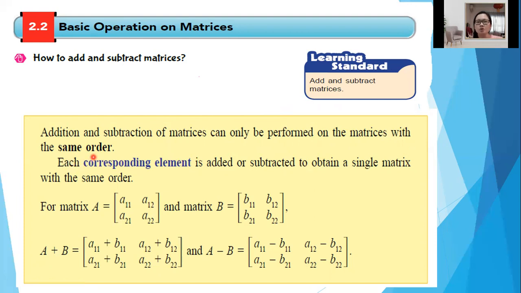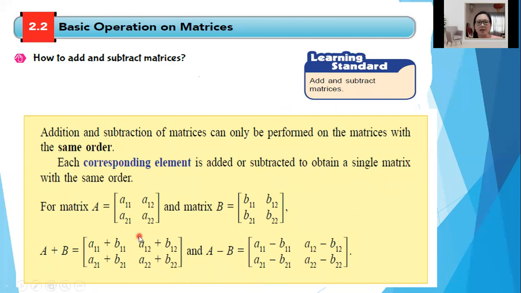Remember, to do the addition or subtraction, the matrices must be of the same order first. Each corresponding element is added or subtracted to obtain a single matrix with the same order.